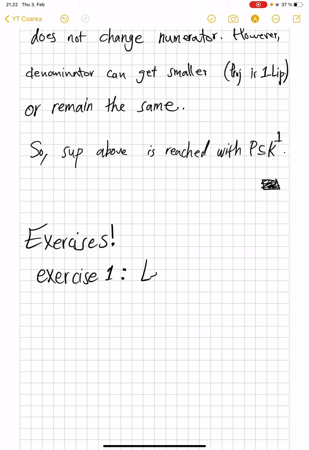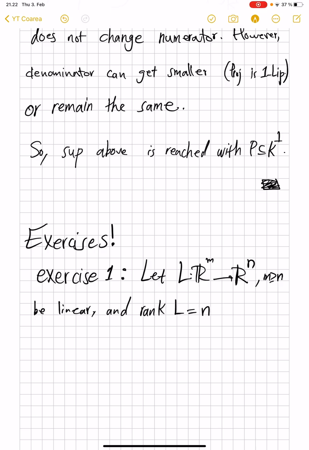Okay, let L from Rm into Rn, where m is bigger than or equal to n, be linear and surjective. So the rank of L equals n.